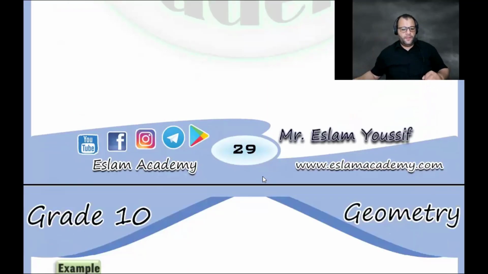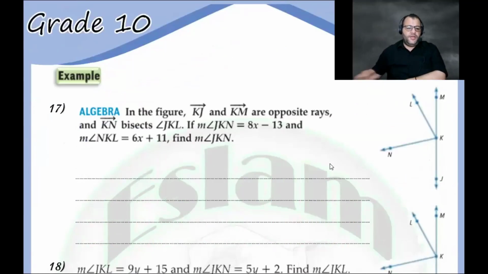Okay. Now for the figure that we have, KJ and KM are two opposite rays. What is the meaning of the opposite rays? What do you know about the opposite rays? Give me any definition if you want.